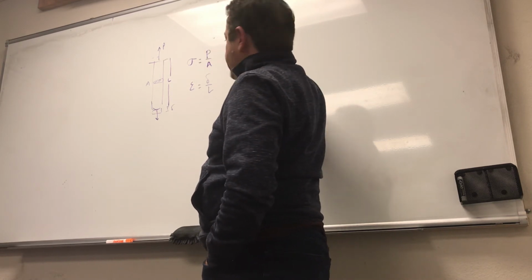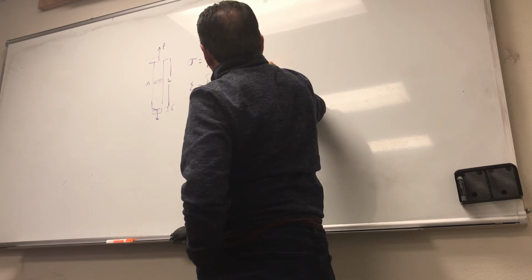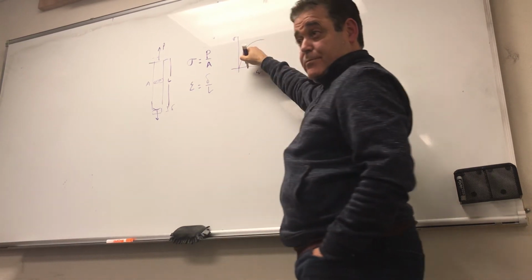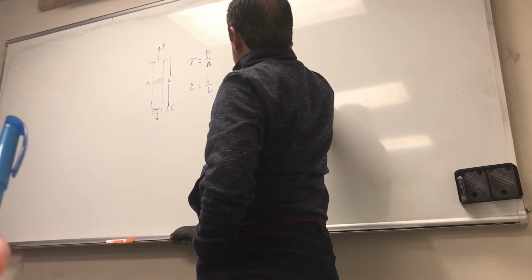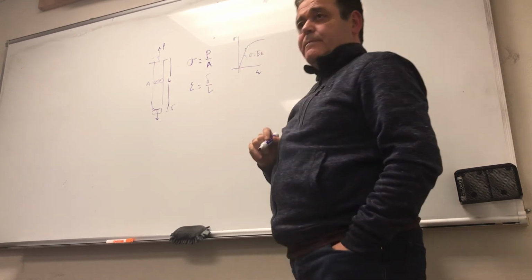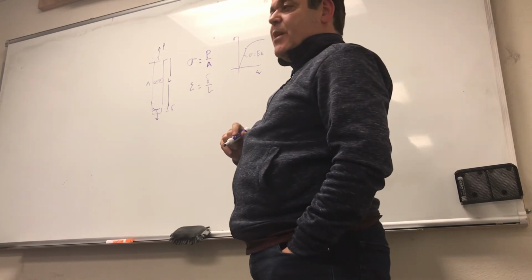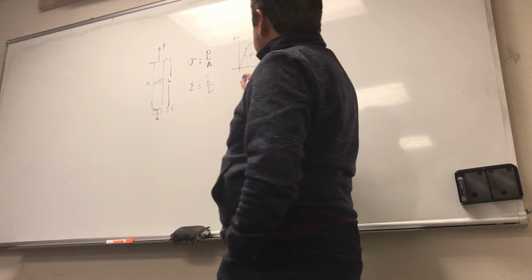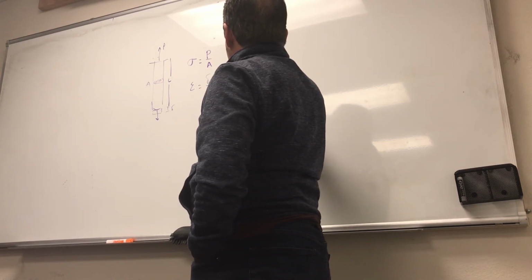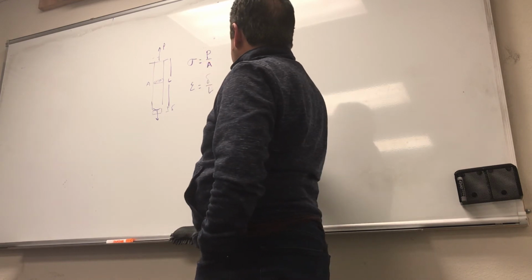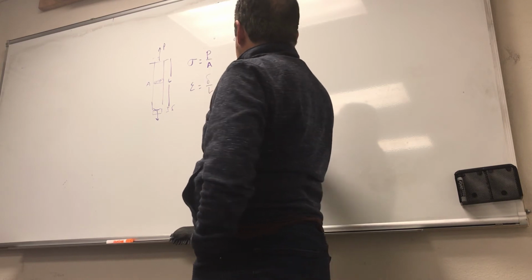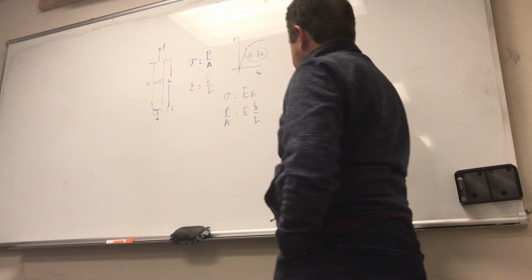Remember in the material properties, when you plot sigma versus epsilon, if you are in the linear range before getting into the plastic region, what is the equation for this? Sigma equals E times epsilon. Does that ring a bell? Where E is the Young's modulus. Right? So if sigma is equal to E times epsilon, I replace sigma by P over A, and then I have E, and epsilon is delta over L, right?